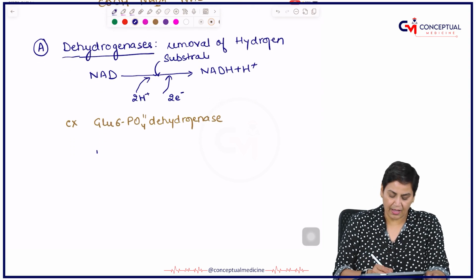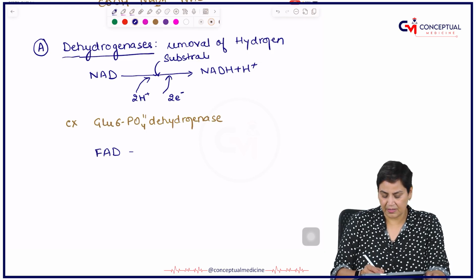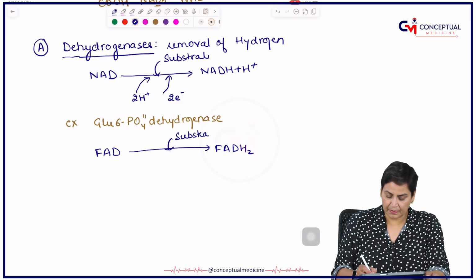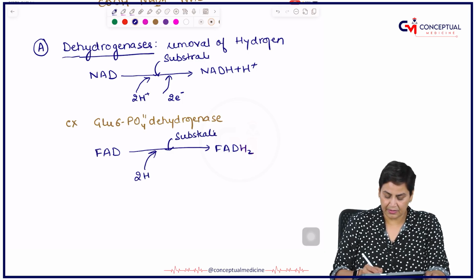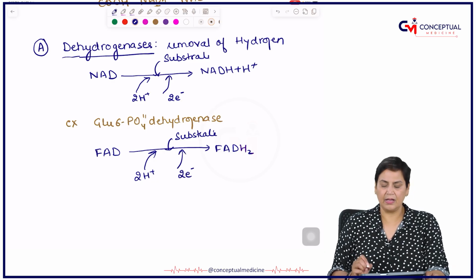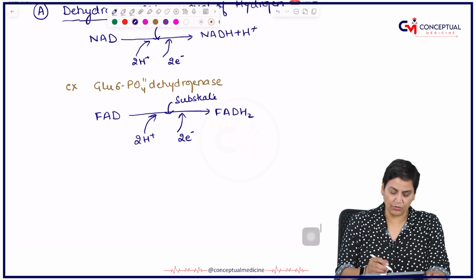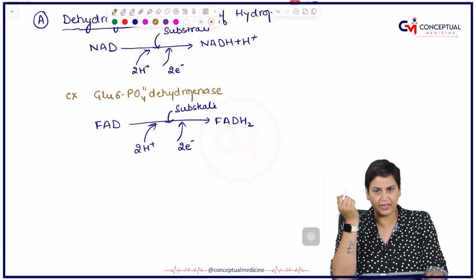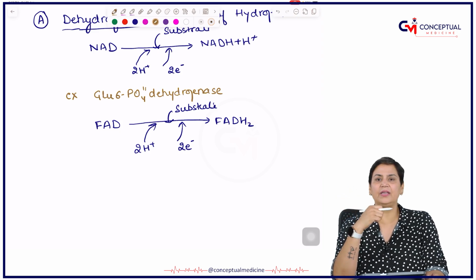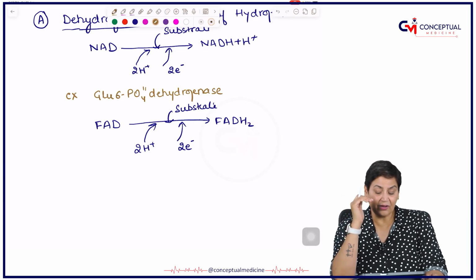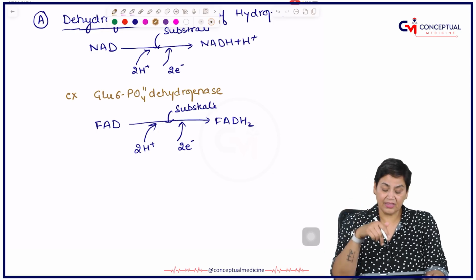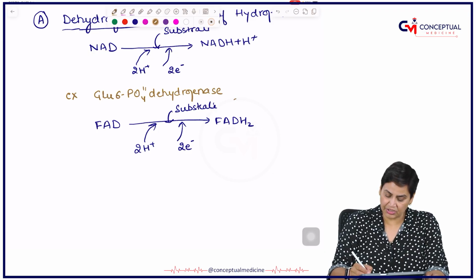Second example is FAD is converted into FADH2. Again, the substrate is coming, and protons, hydrogen ions and electrons. And you must have noticed why I have written NAD is converted into NADH plus H positive, whereas FAD is being converted into FADH2. So we never write NADH2, we never write FADH plus H positive. Why? Because this has a low redox potential.